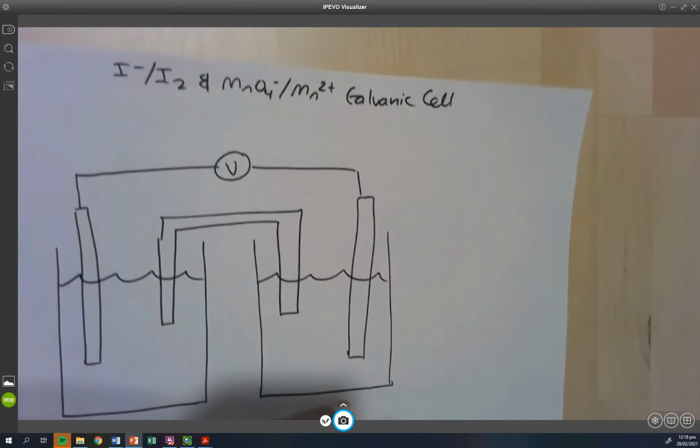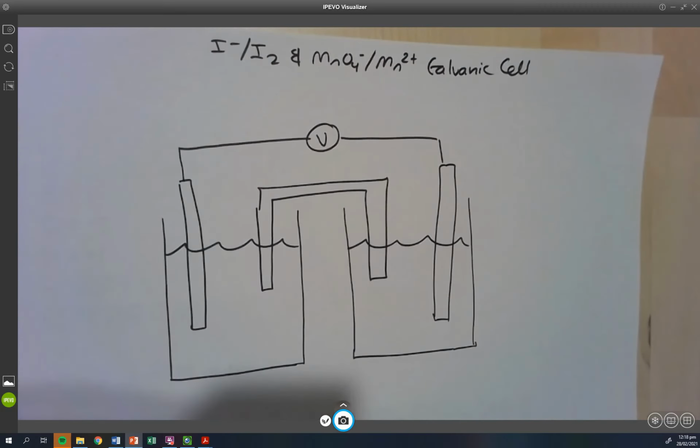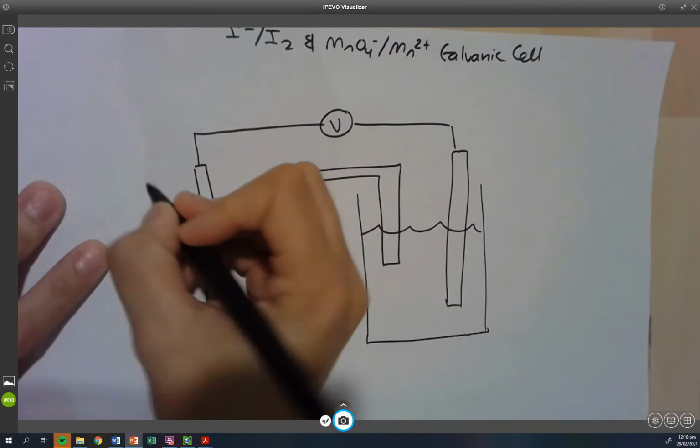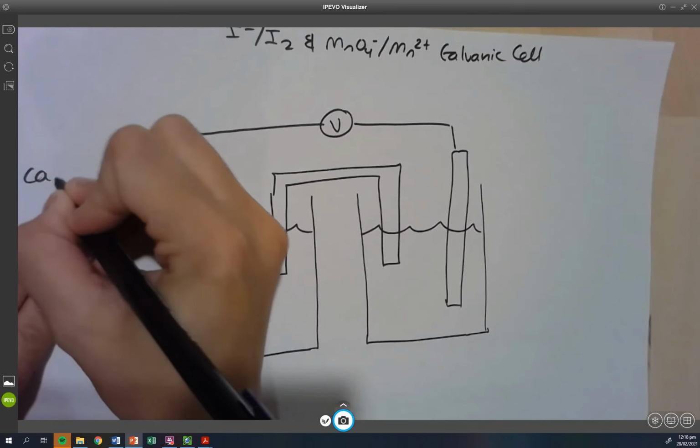Cool. So here's my galvanic cell. And in this case, my pairing is going to be iodine and also the permanganate with the manganese 2 ion. So let's say in this example, I have both of these guys as carbon electrodes.